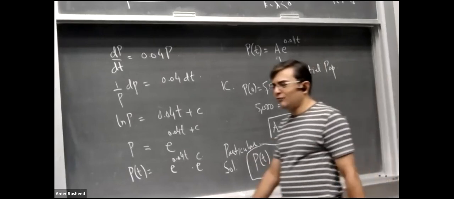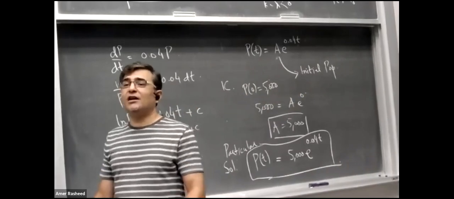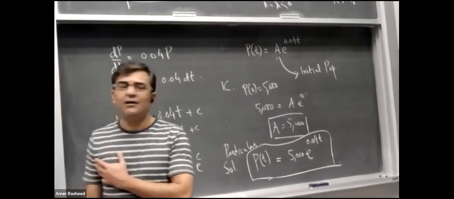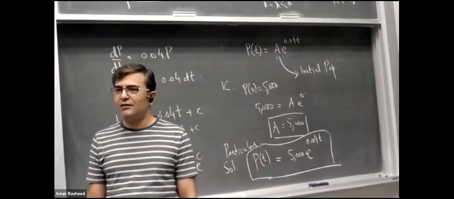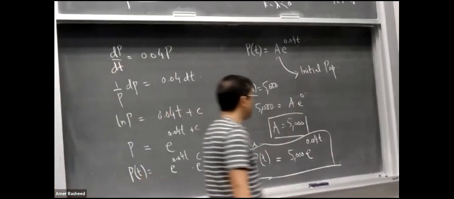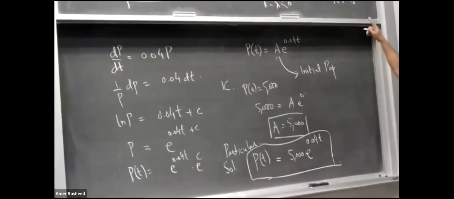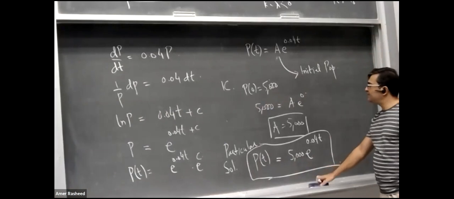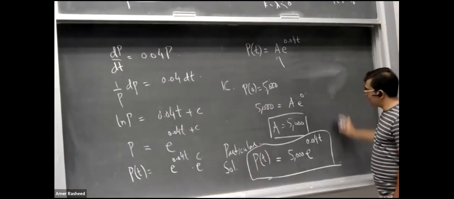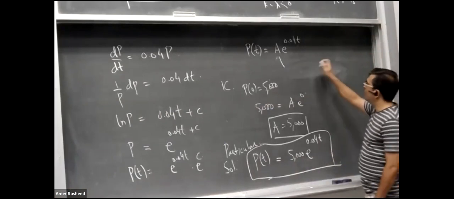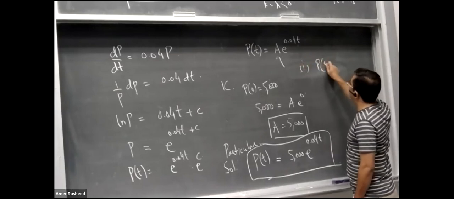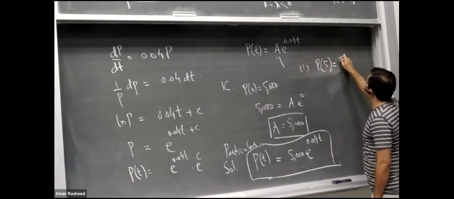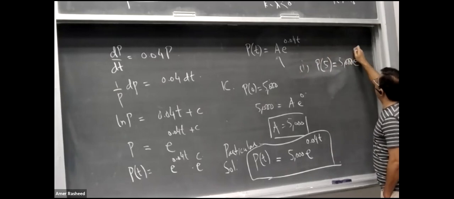Once we have a solution, we can compute population after 5 years, 10 years, 100 years. We just have to put t equal to that value. So we had to compute population after 5 years. You just put t is equal to 5 here. P of 5 is equal to 5,000 e raised power 0.04 times 5.